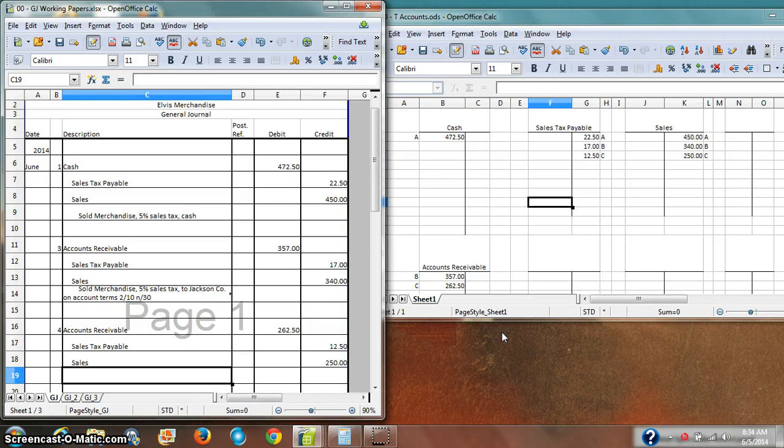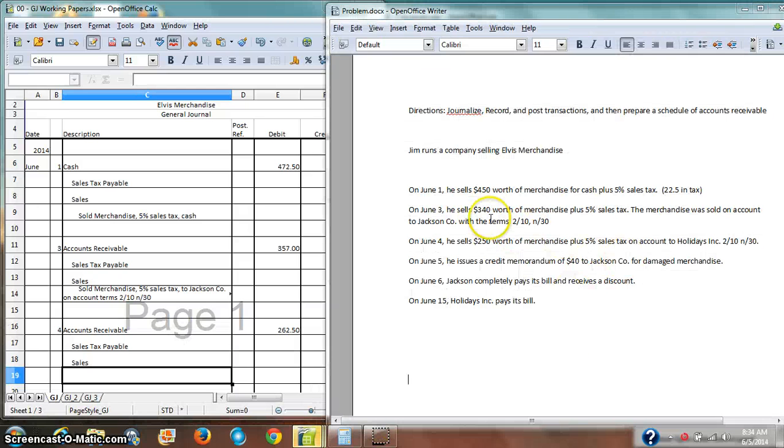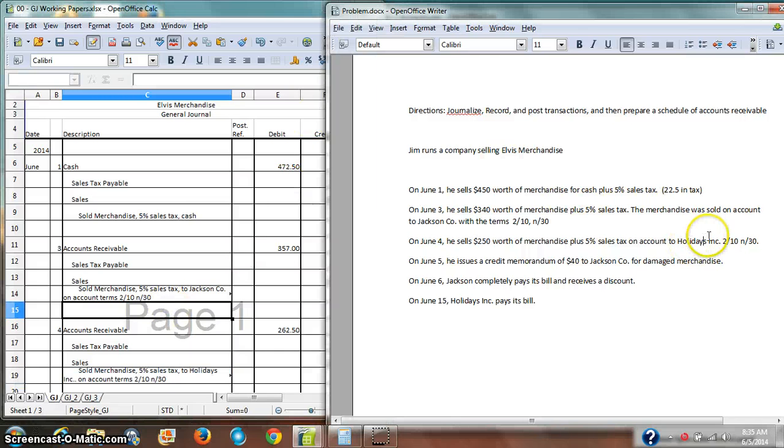Then I'll do my description. Here's where I'll have to go back and make sure that I write down the terms. It's the same terms as the previous one. This time it's not Jackson Company. So there's that third transaction here.